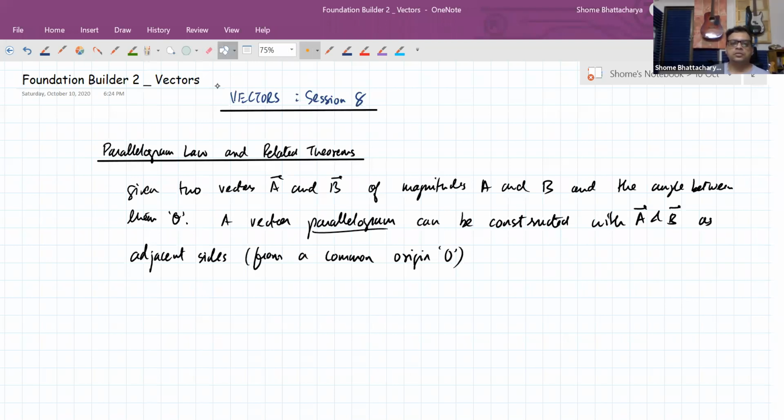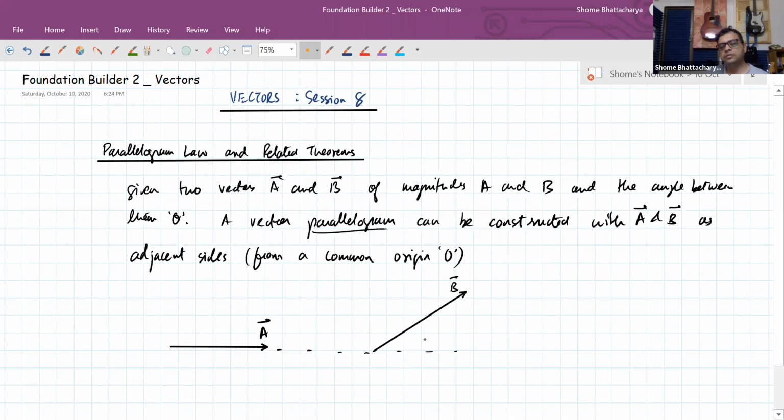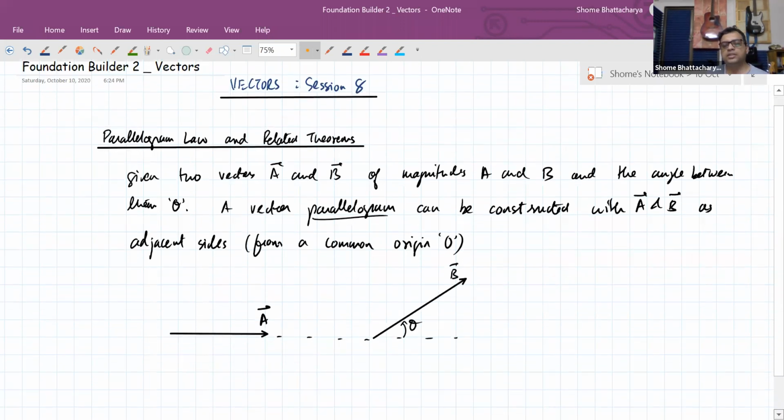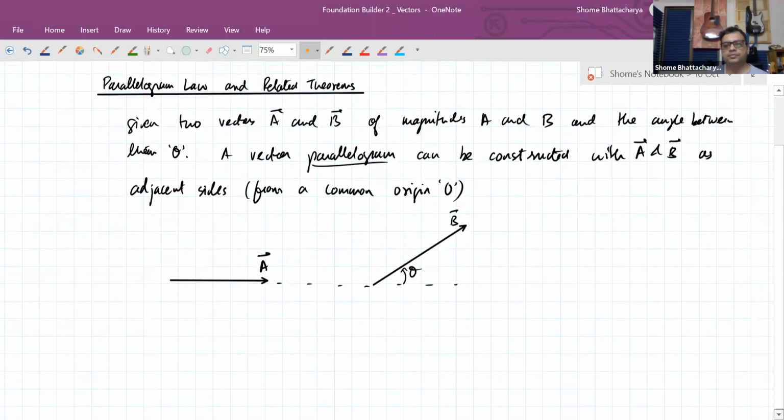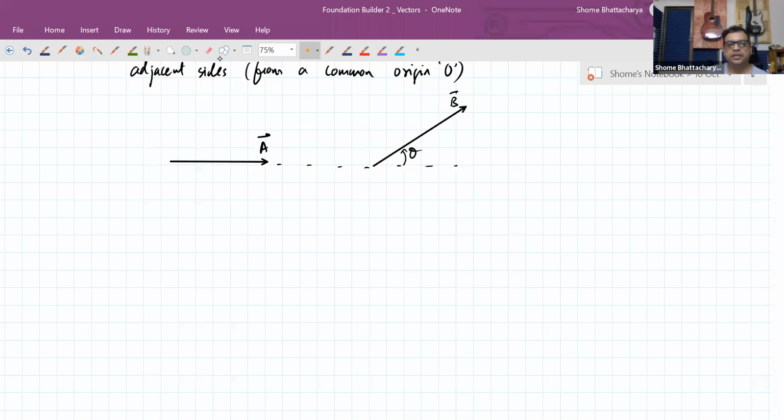So the idea is that if two vectors are known to us, two arbitrary vectors, such that the angle between them is theta like this, then we can construct a vector parallelogram by drawing such a figure where A and B are the adjacent sides from a common origin.